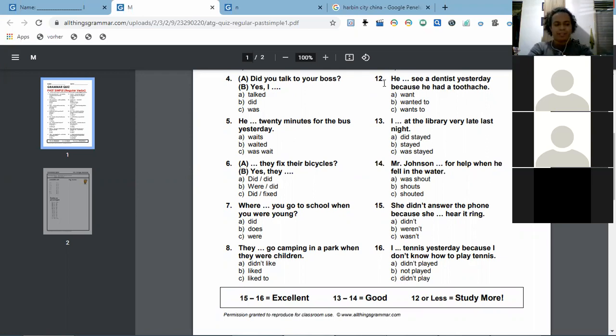Which one is correct? If you remember the formula, then I think number 14 would be very easy for you. If you remember the formula, of course, but if you don't, then yes, it's difficult.